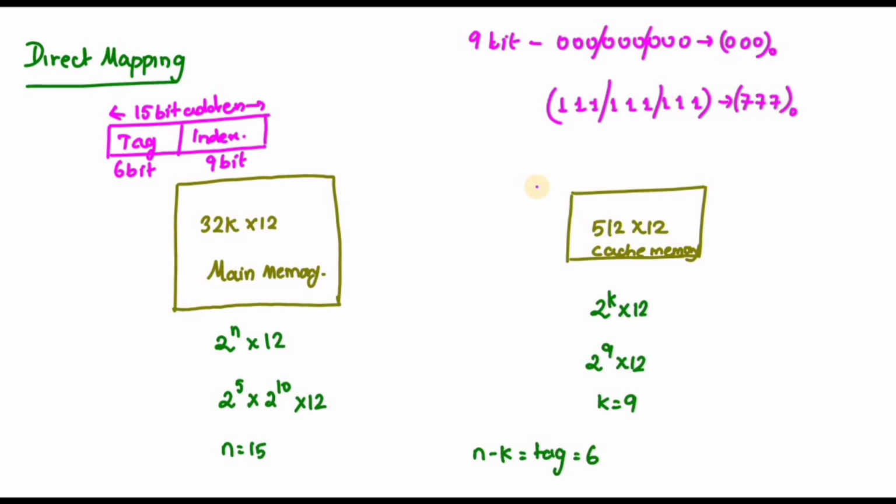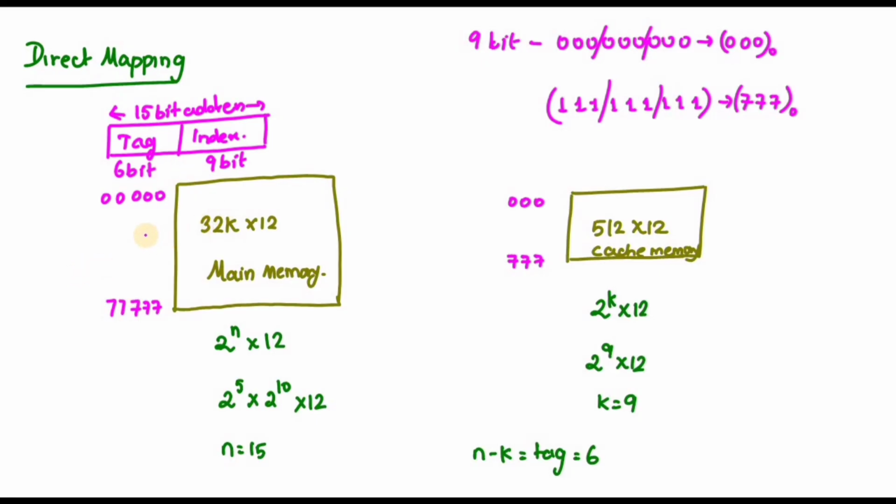So the index ranges from 000 to 777. Similarly, the 6-bit tag ranges from 00 to 77.